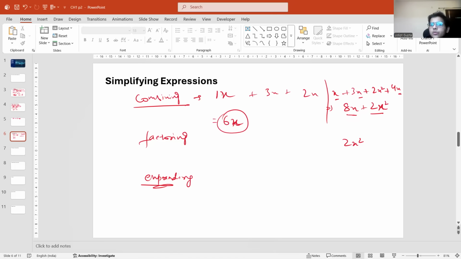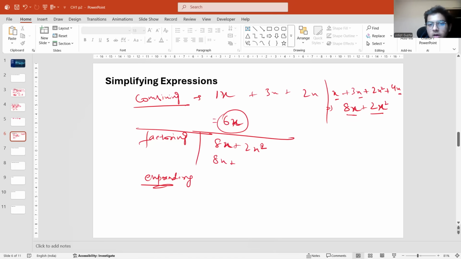What are the other things that you can do? Let's take this equation now, factoring. 8x plus 2x square. What do I take in common? What is the common thing here?